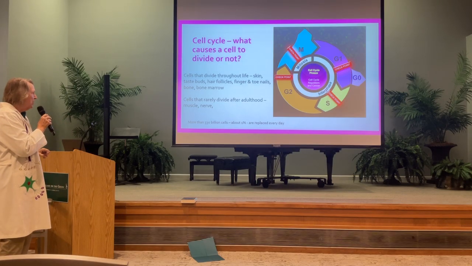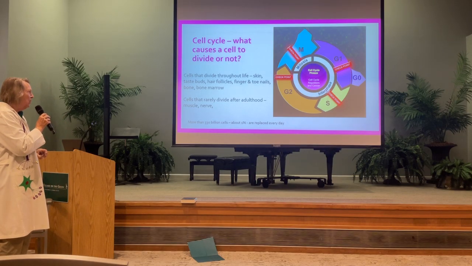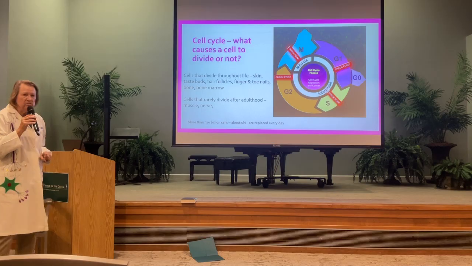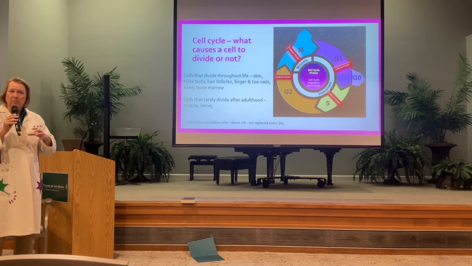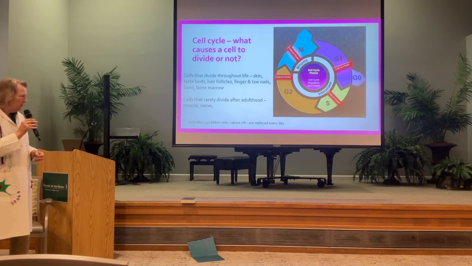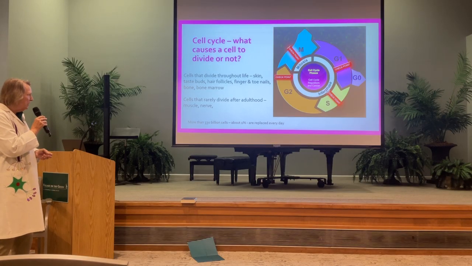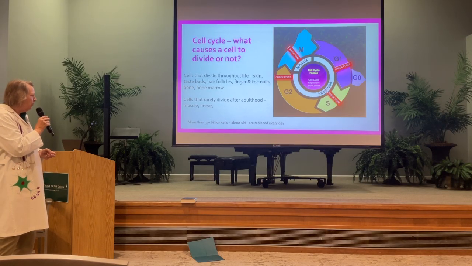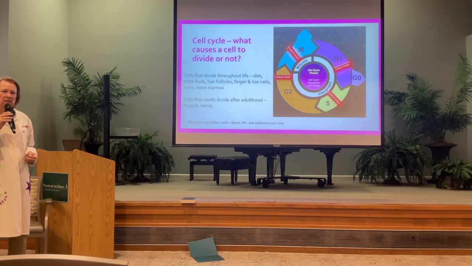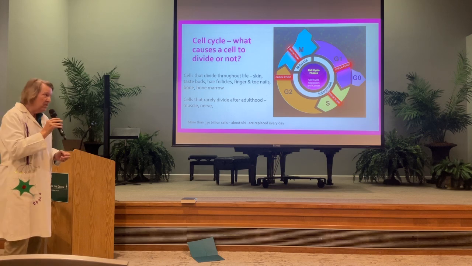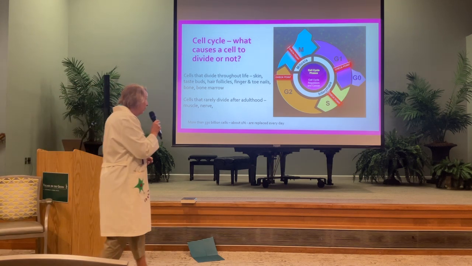But there are others that divide very rarely in adulthood. Muscle divides rarely, so mostly you are born with all the muscles and the nerves that you ever have, and they will just get bigger as you grow. It's thought that more than 330 billion cells, about 1% of them in your body, are replaced every day. So there's lots of cell division going on.